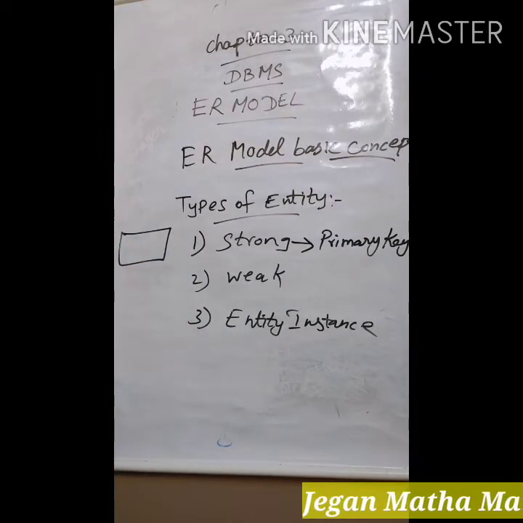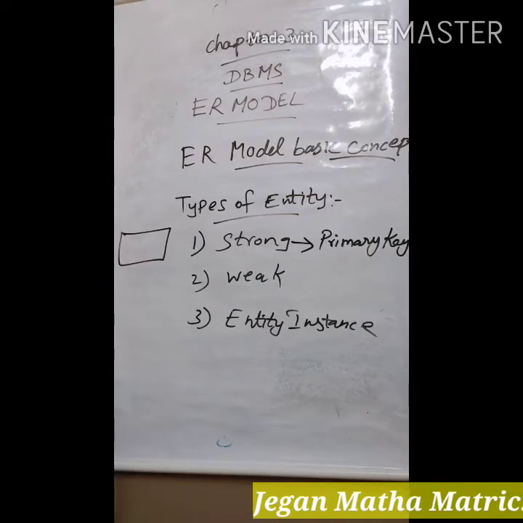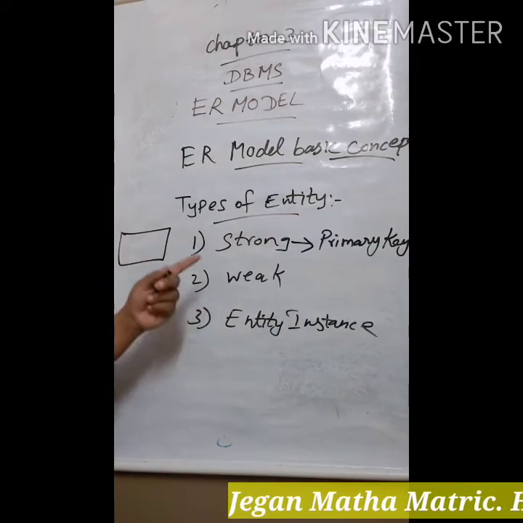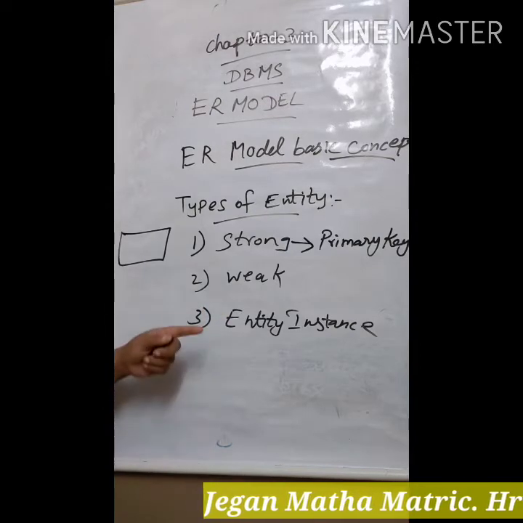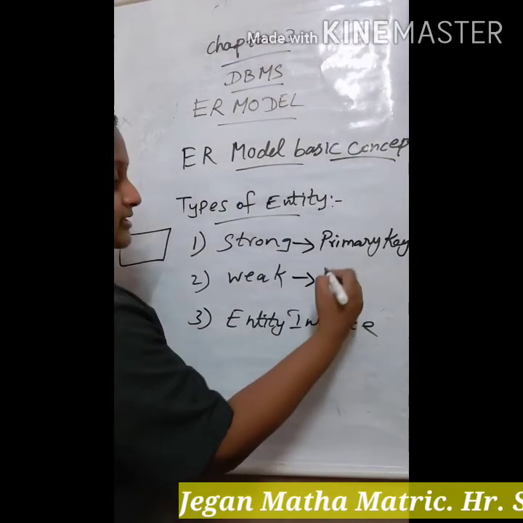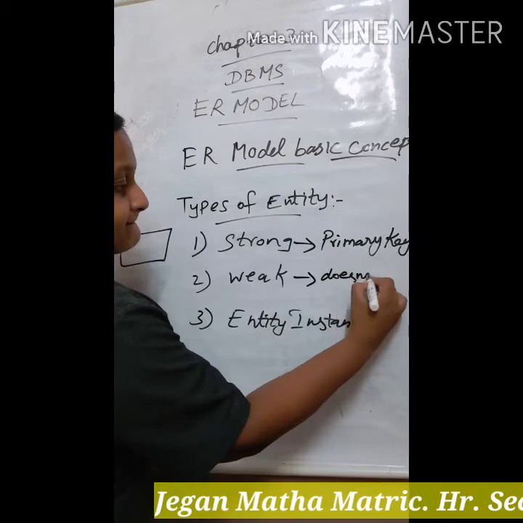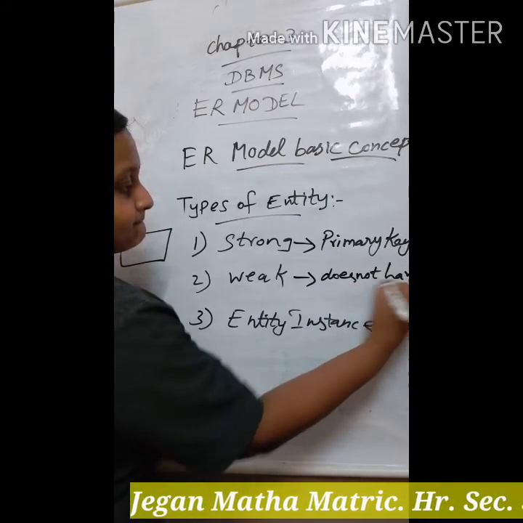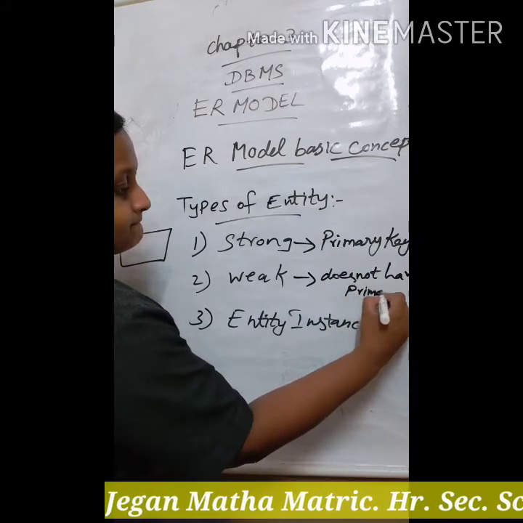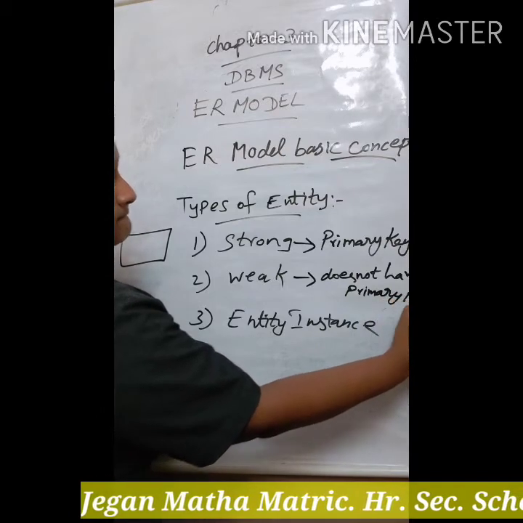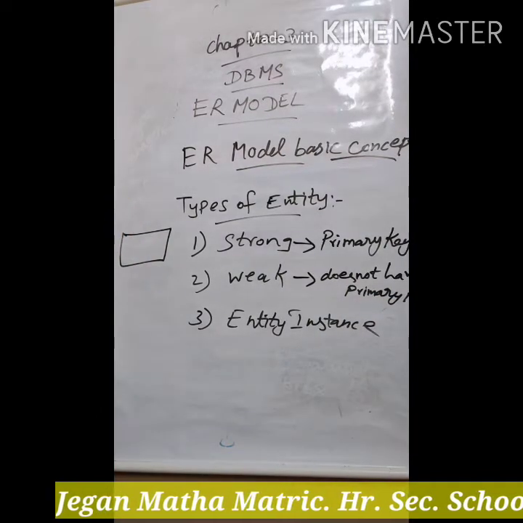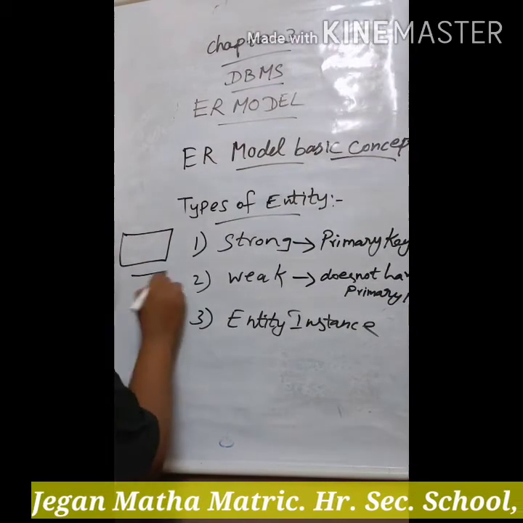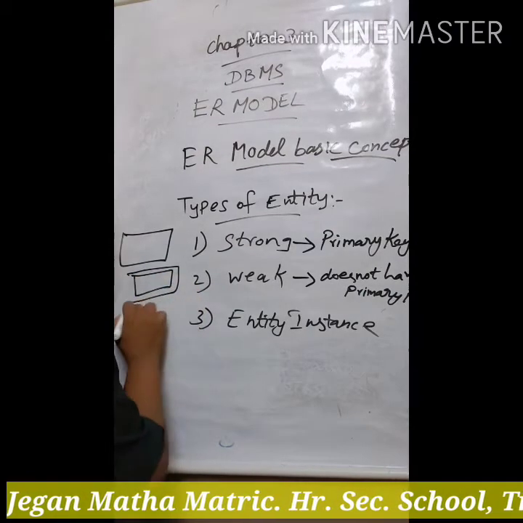And the next one is weak entity. A weak entity is dependent on other entities and it does not have a primary key. It is represented by a double rectangle box.